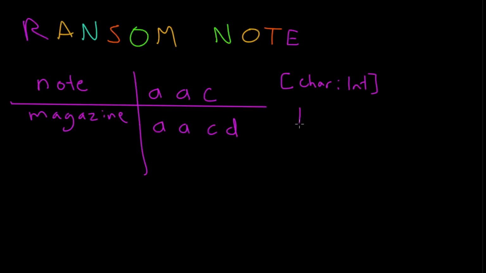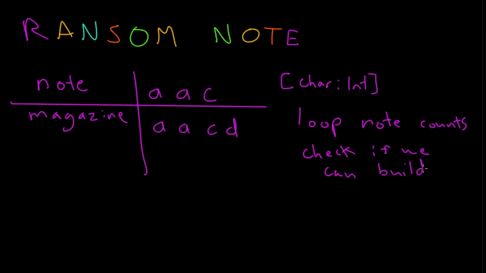And then you're going to want to loop through the note's character counts and check to see if we can build that specific character from the note. And if we can do that for every single character within the note, then we know that we can build the note from the magazine.